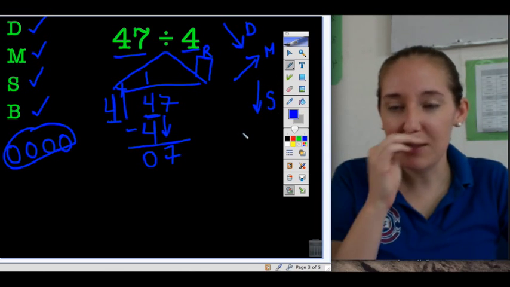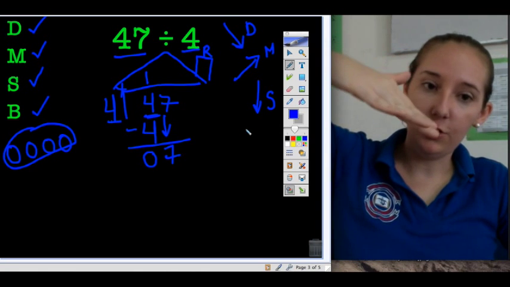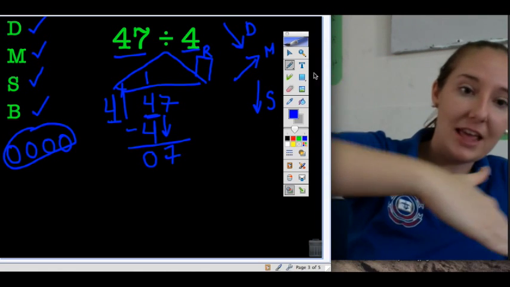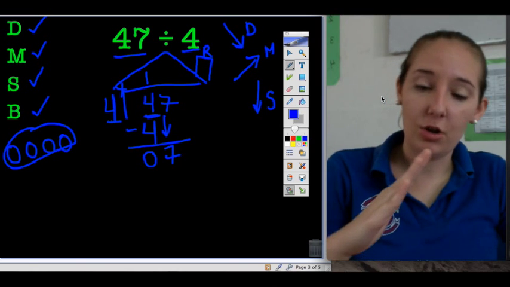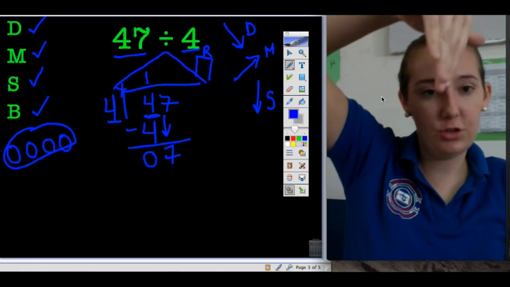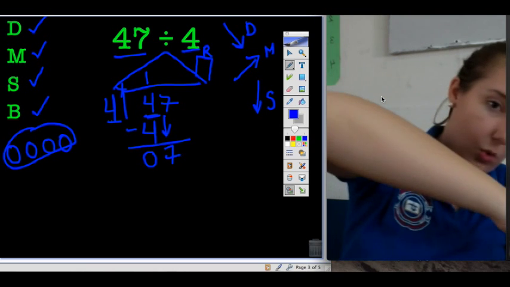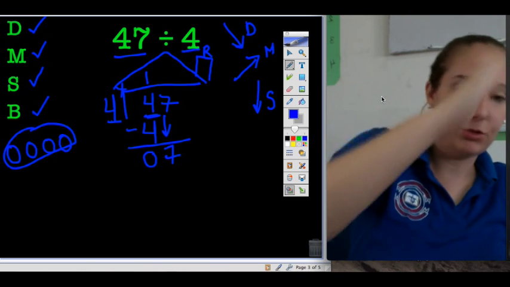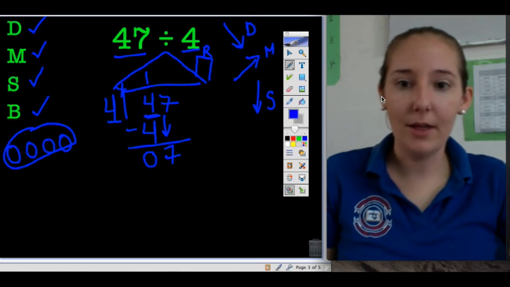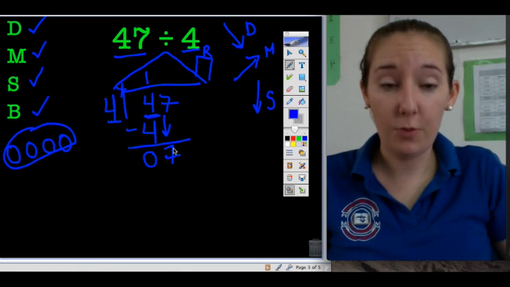So if you think about your arrows, if you're going to divide, you go on a slant. Multiply, you're going to go slanting up, and subtract, you're just going straight down. So divide, multiply, subtract.